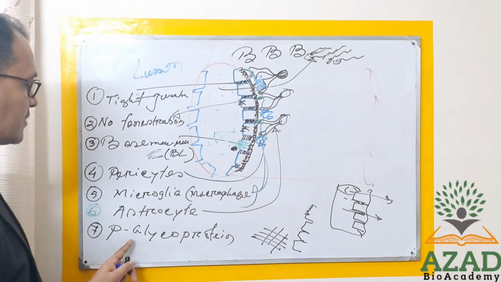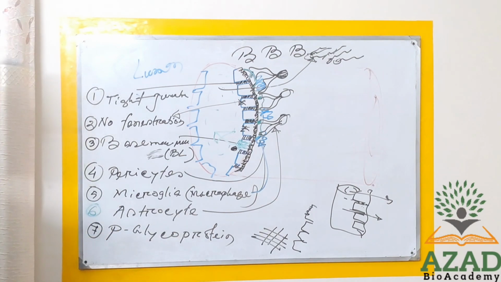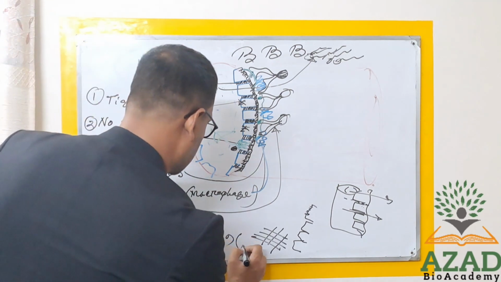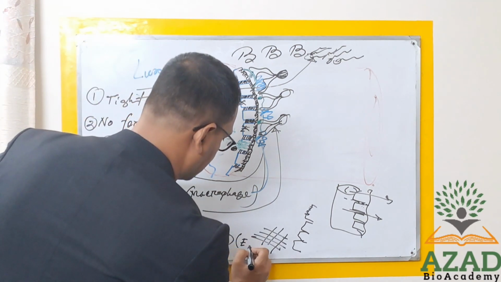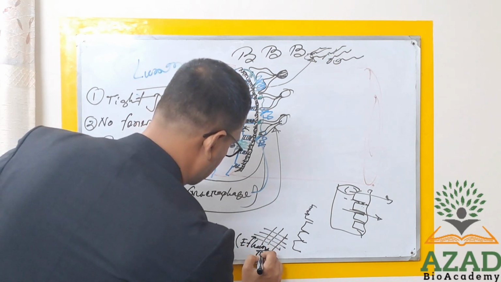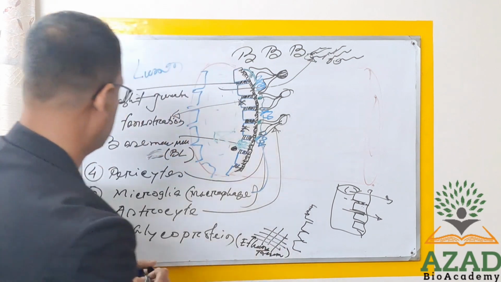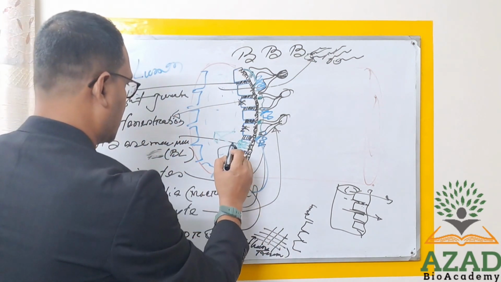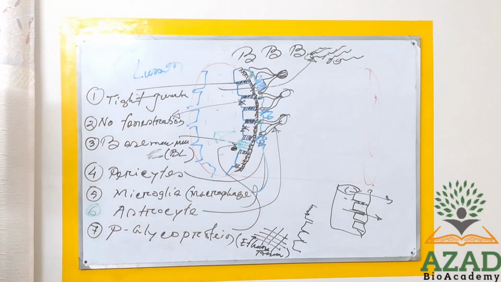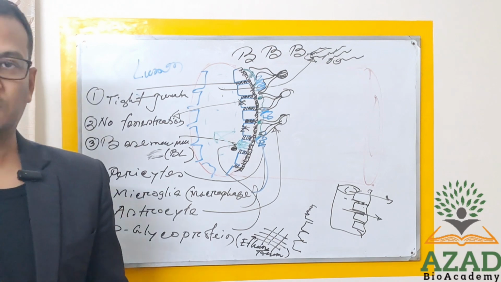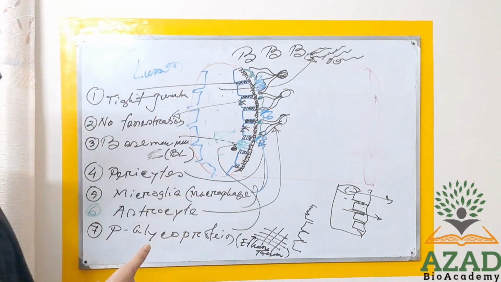So you can consider P glycoprotein an efflux transporter, and that is also a barrier.